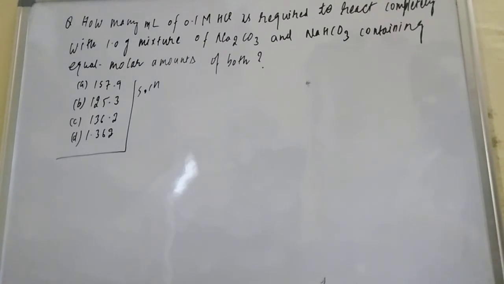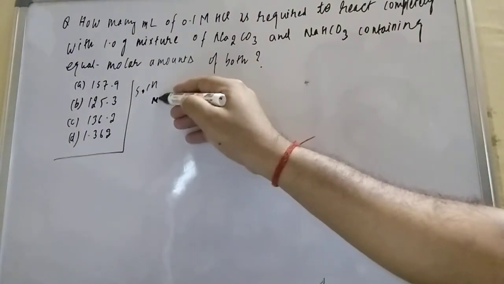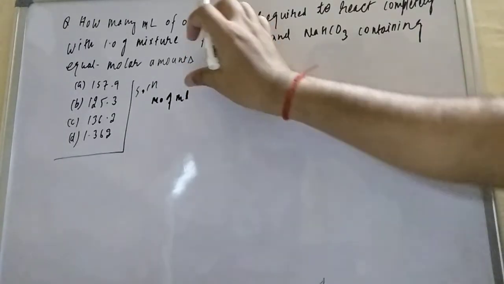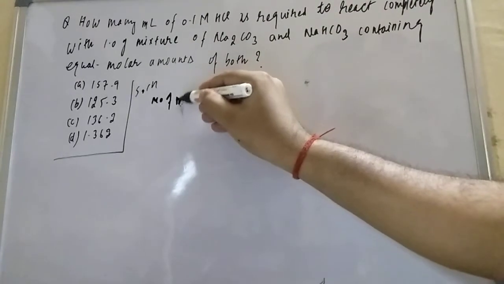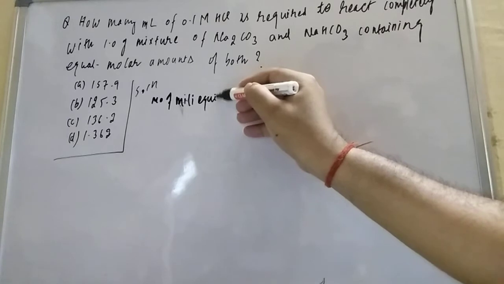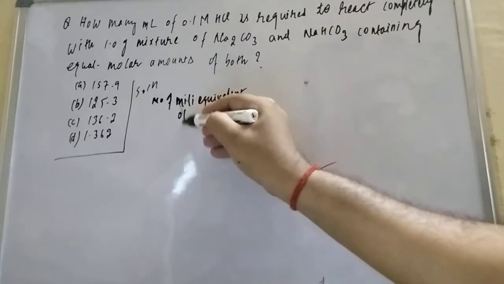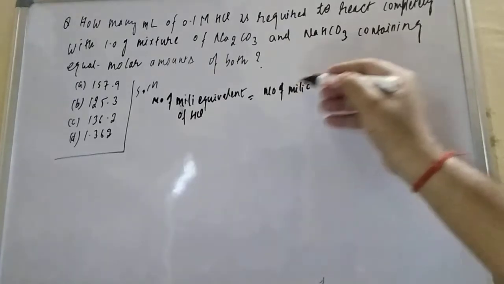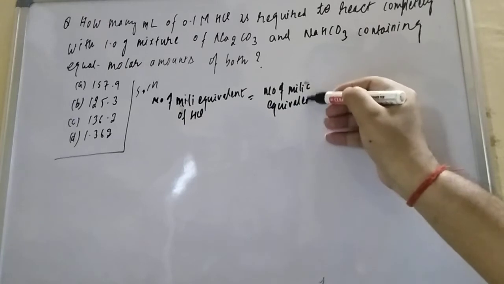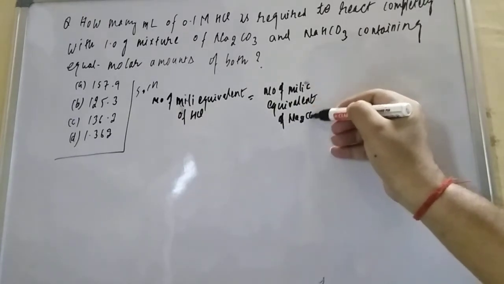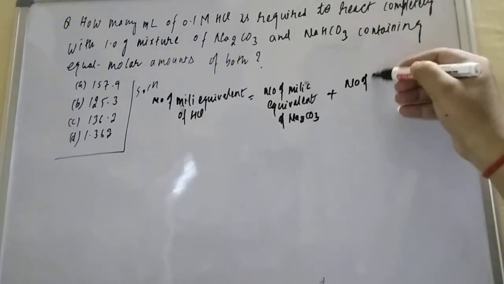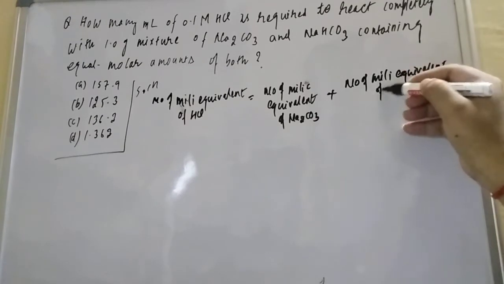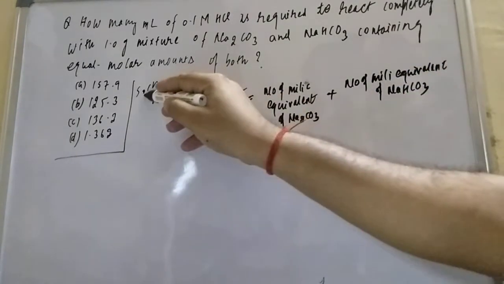Because the volume is in ml, it is better to write the number of milli equivalents. The number of milli equivalents of HCl is reacting with the number of milli equivalents of Na2CO3 plus the number of milli equivalents of NaHCO3. This concept we have to apply.